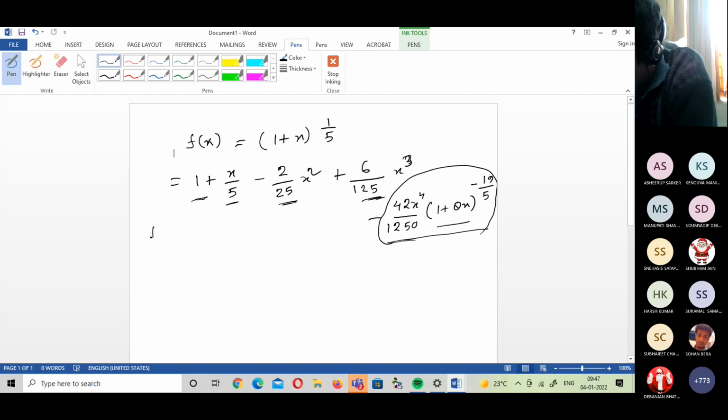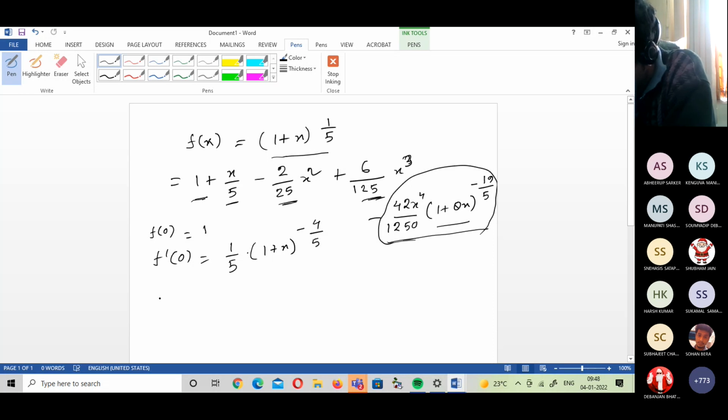So first of all, you obtain f(0), that will be 1. f dash 0: 1 by 5 into (1 plus x) to the power 1 by 5 minus 1, so it will be 1 by 5 into (1 plus x) to the power minus 4 by 5.